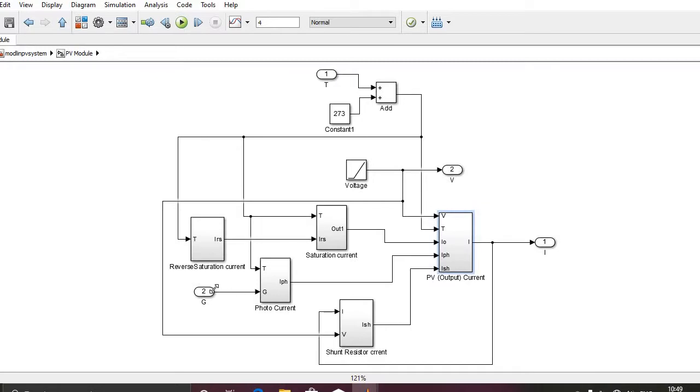And for photocurrent, the irradiation is there and temperature is also there. So photocurrent is given to the PV module.